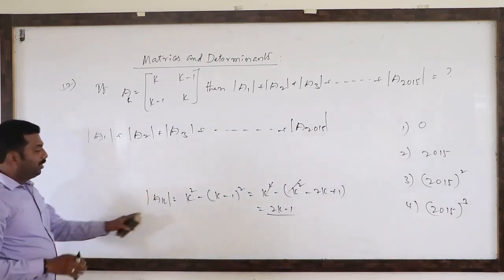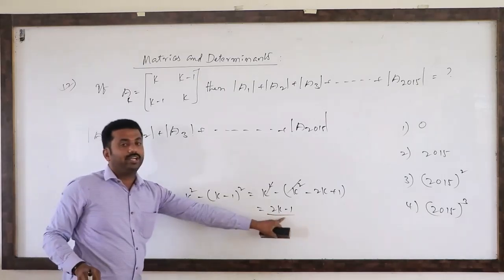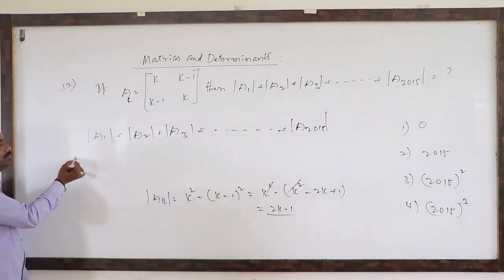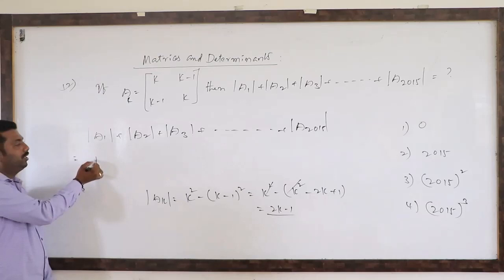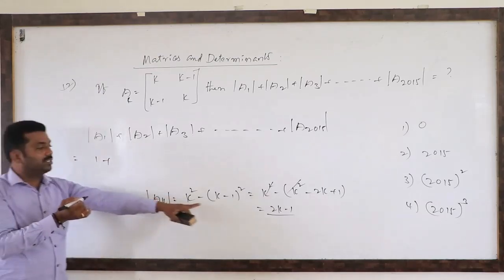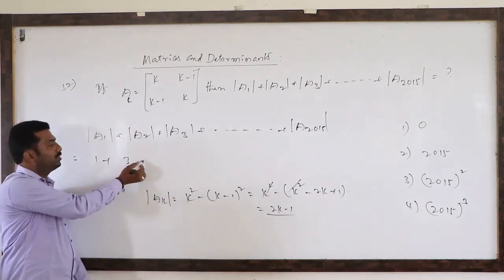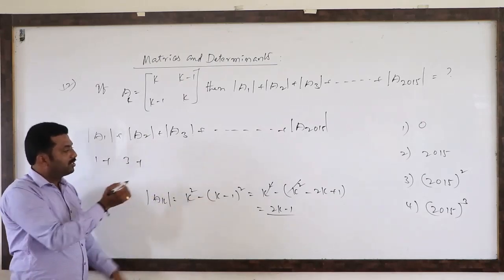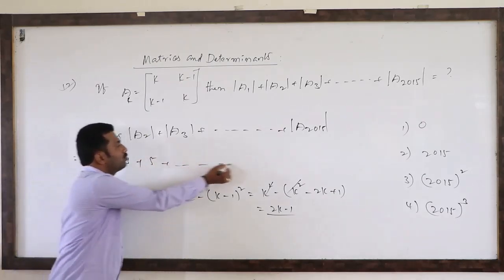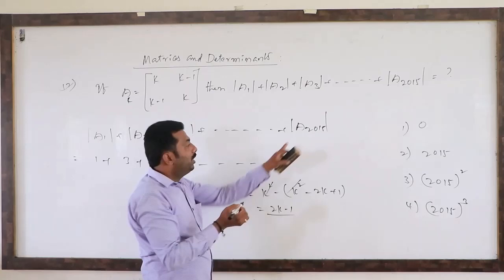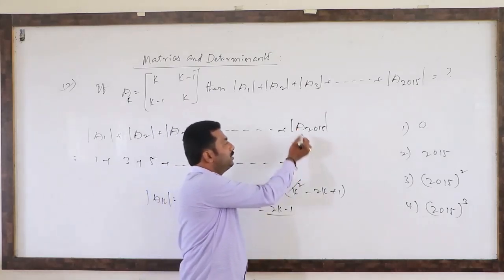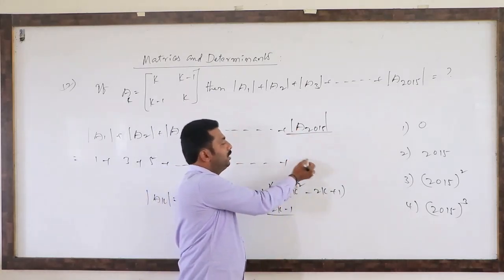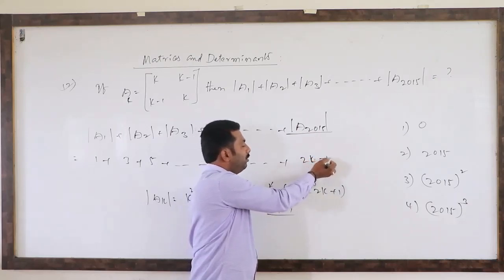Determinant of A_k equal to 2k minus 1. A1 means k equal to 1, it is 1. A2 means k equal to 2, that is 3. Then A3 means k equal to 3, and so on. So determinant of A_k is 2k minus 1.